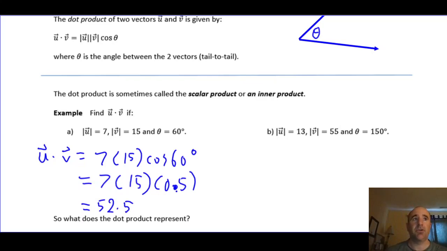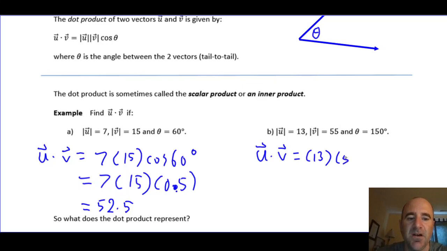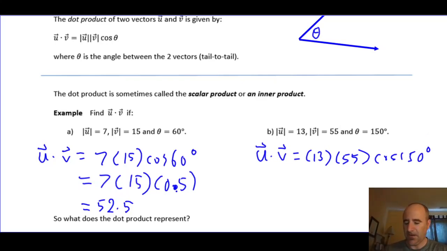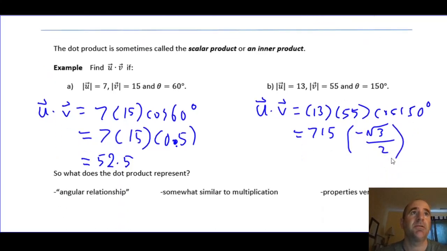I'll do one more example just to show you one other thing. In example B, u dotted with v would be equal to 13 times 55 times the cosine of 150 degrees. 13 times 55 is 715, but the cosine of 150 degrees is negative root 3 over 2, the negative of cos 30 degrees.